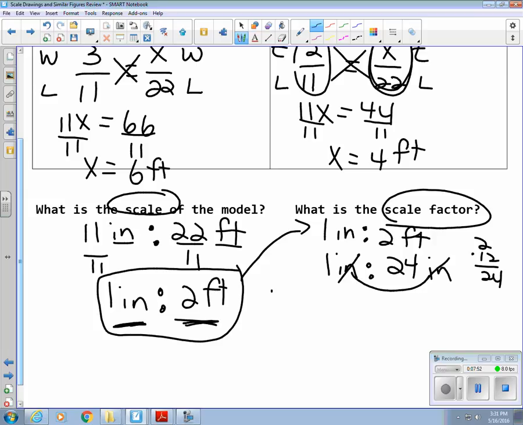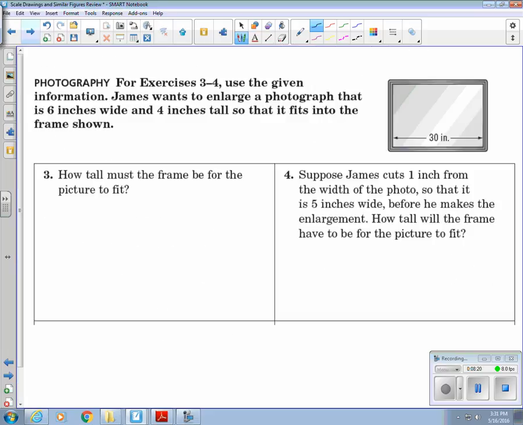And so the scale factor means that 1 unit on the scale model is worth 24 of those same units on the actual. So 1 inch on the scale model is worth 24 inches on the actual. That's the difference between scale and scale factor. Scale has different units. Scale factor has same units, which we then drop in our final answer.